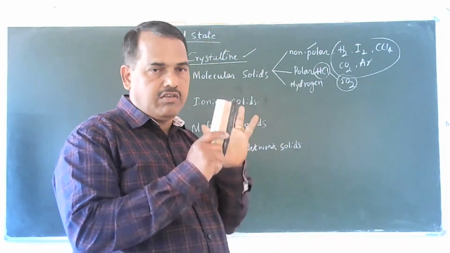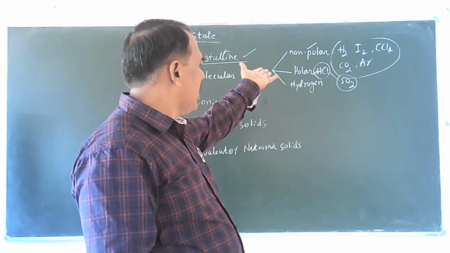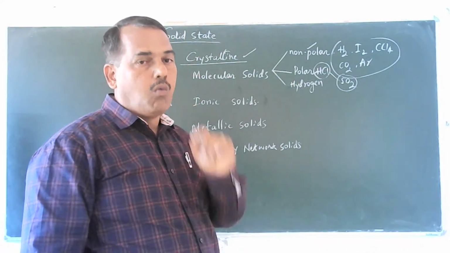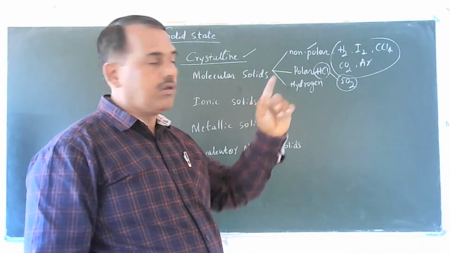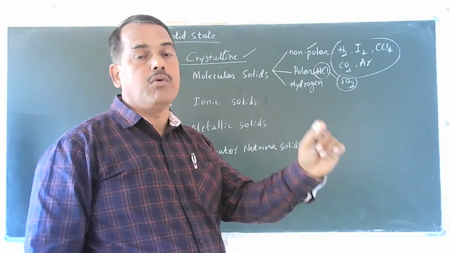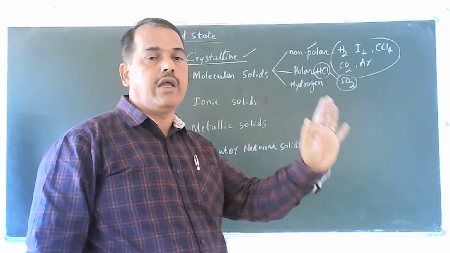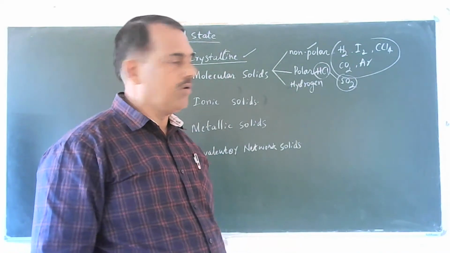What type of molecular solid is it? It is nothing but a polar molecular solid. What is the force between polar molecular solids? That is nothing but a dipole force, which is stronger than a dispersion force.